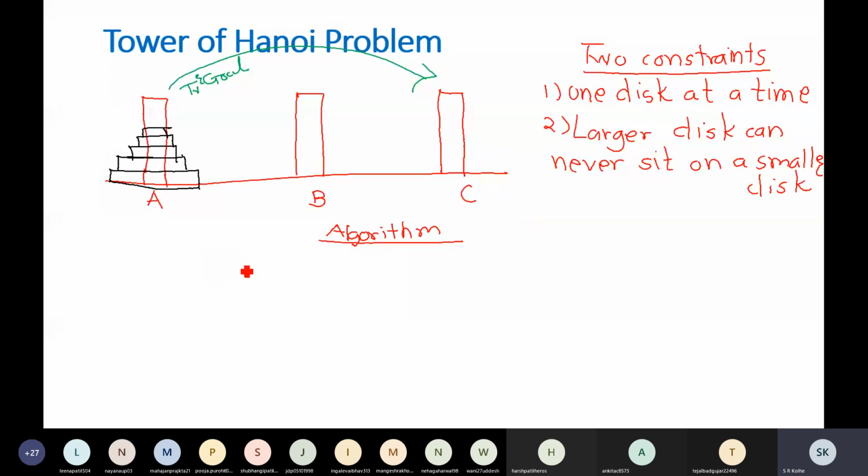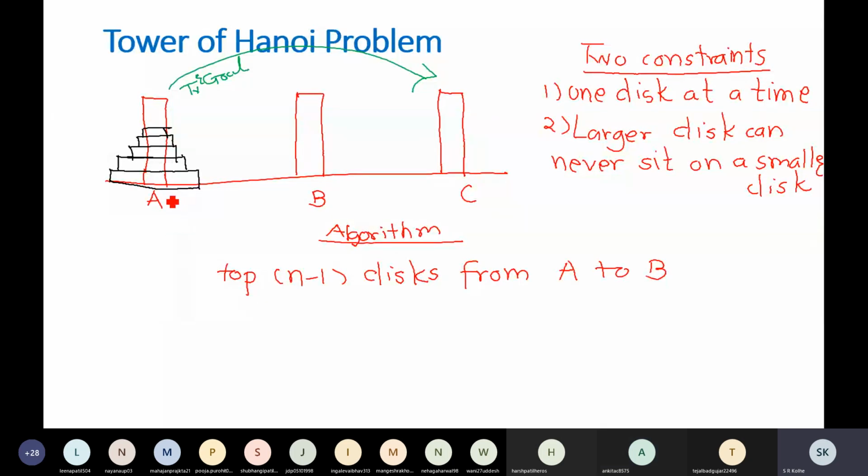What can I do? I will put it in the form of steps. Top n minus 1 disks I will move from pole A to pole B. Then the largest will be open.